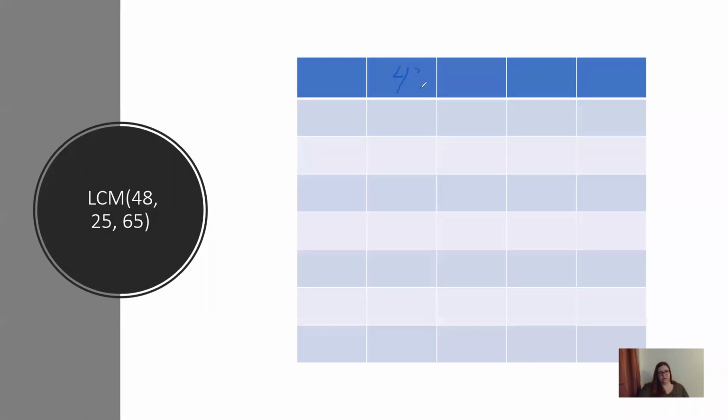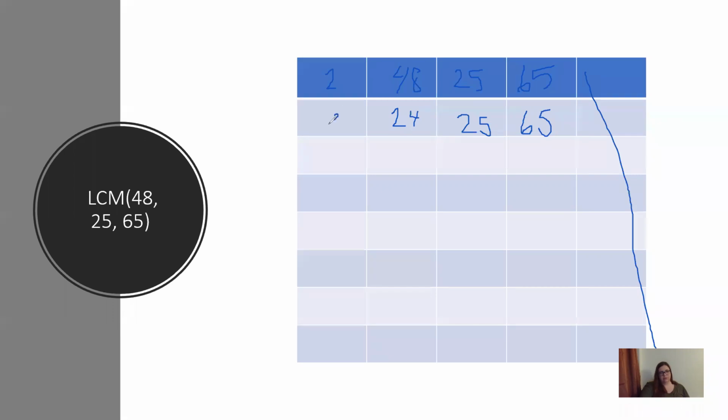I have an extra box, so we're just going to ignore it. Hope y'all can read that. So we're going to start with 2. We're going to break them down in half, and you're going to get 24, 25, and 65, because 65 does not break down by 2 and 25 does not break down by 2, so we're going to leave them as is.